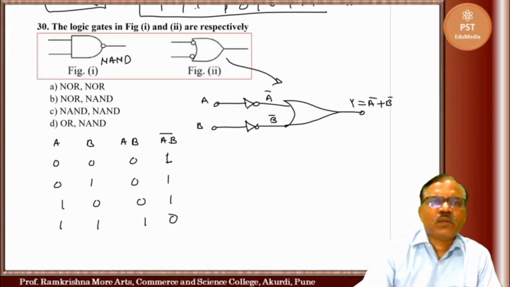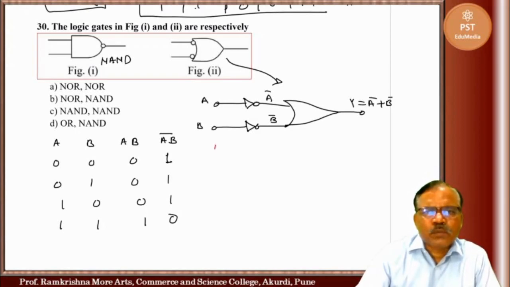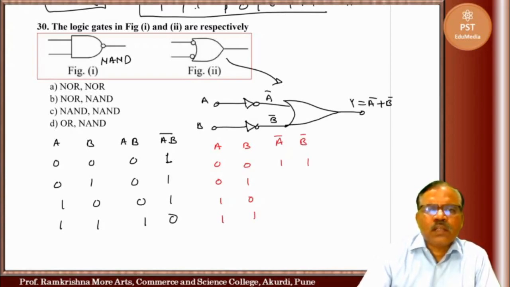Now we can find the truth table for this. If we take A, B: 0, 0, 0, 1, 1, 0, 1, 1. Now A bar, B bar: we'll get 1, 1, 1, 0, 0, 1, 0, 0.